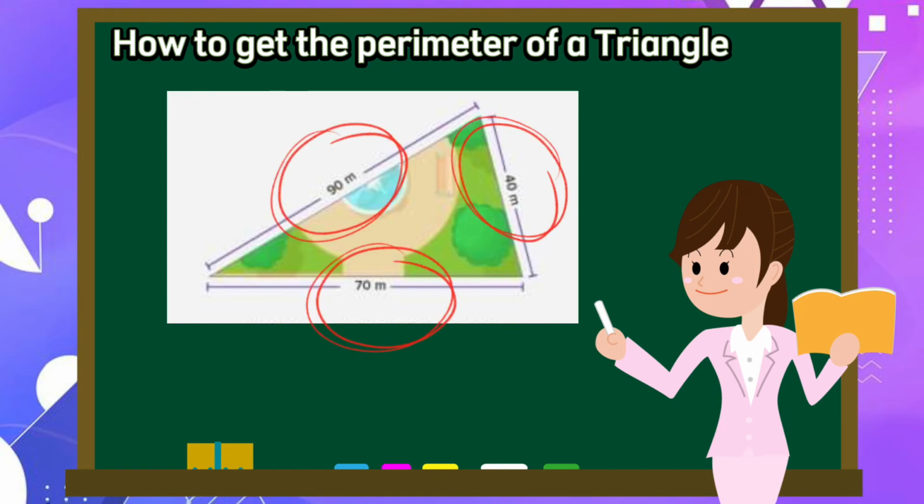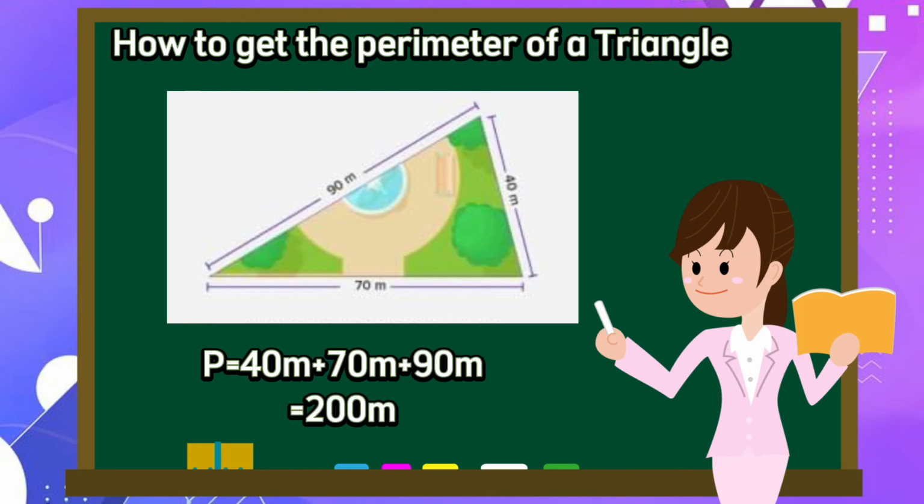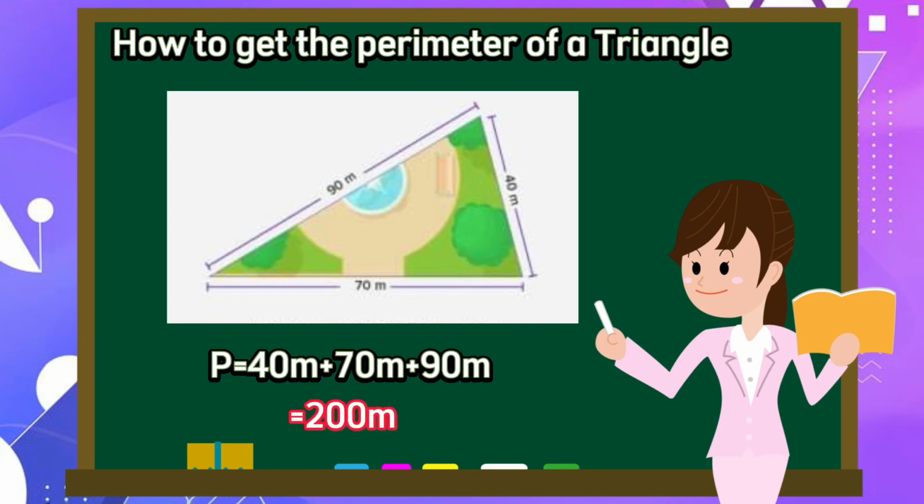The perimeter, or P, equals 40 meters plus 70 meters plus 90 meters, which equals 200 meters. So the length around the triangular park is 200 meters. That is how to find the perimeter of a triangle. We need to add all the sides.